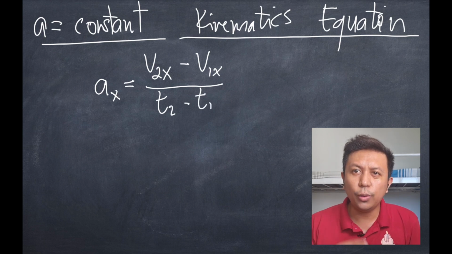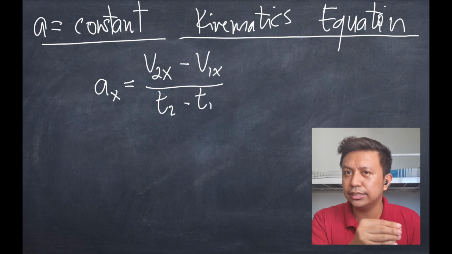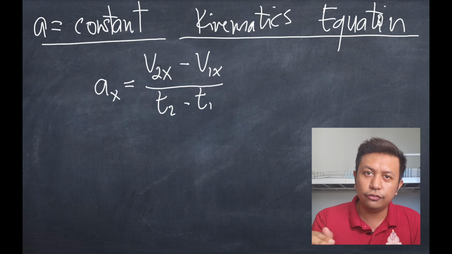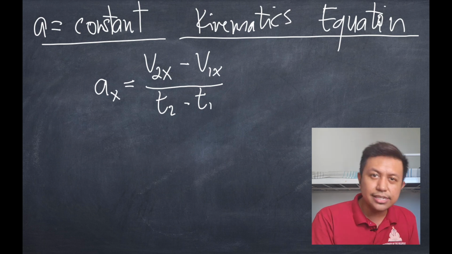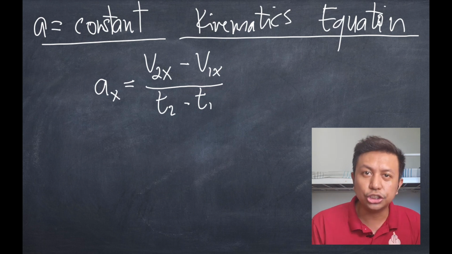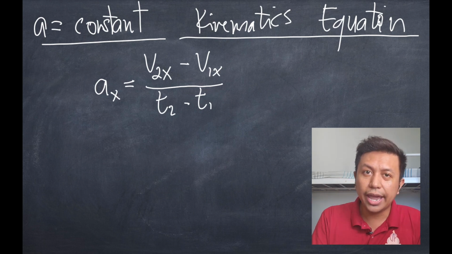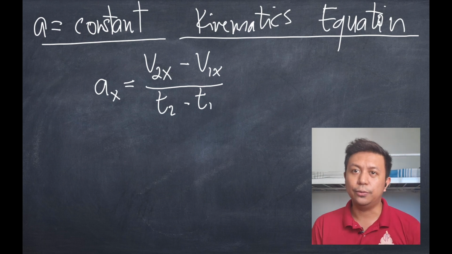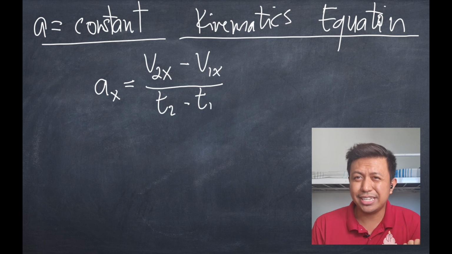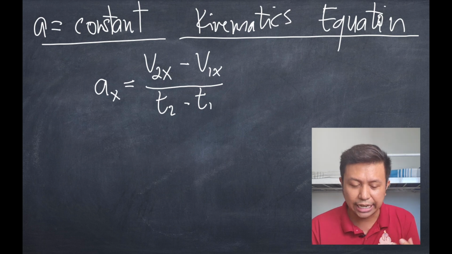It's basically a way to say that the final velocity minus the initial velocity is over t final minus t initial. However, we want to make it generalized, meaning anywhere in the motion we can use this by substituting 2x and 1x. And a of x is basically the acceleration. There is no instantaneous acceleration because this object has a constant acceleration.